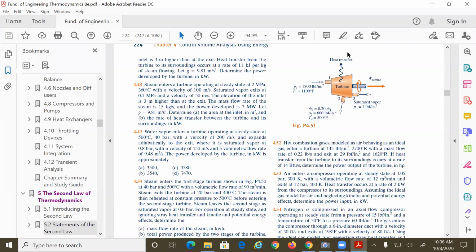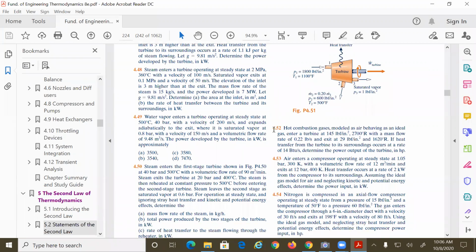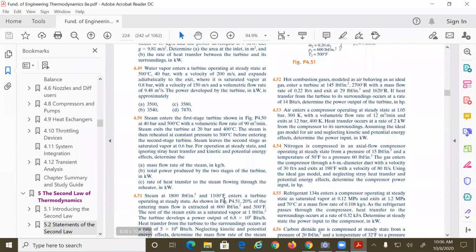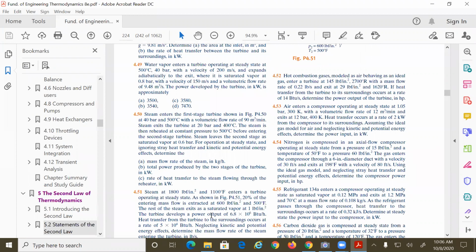All right, so the work of the turbine is how much? Let's read the problem statement. So steam at 1800 and 1100 enter the turbine. 20% of the internal mass flow is extracted at 600 and 500. Okay, so the rest of the steam exits saturated vapor at 1 psi, okay? The turbine develops a power output of 6.8 times 10 to the 6 BTU per hour.